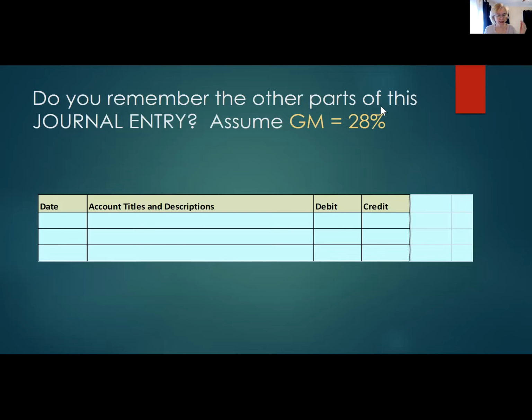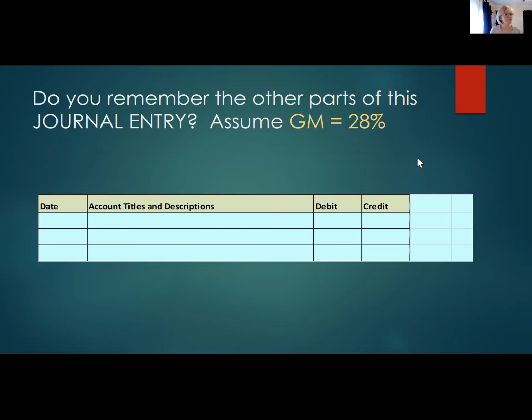So what's the second half of this journal entry? What do we debit? What do we credit when we have inventory that we sell? We debit cost of goods sold and then credit inventory. Good, perfect. And then what's the dollar amount, Julie? What do we do for that? So how do we figure out the cost of goods sold? So what is this clue telling us? What do we do with this?